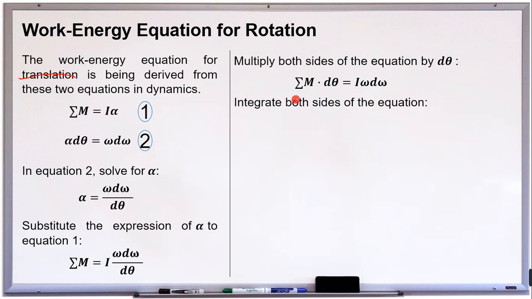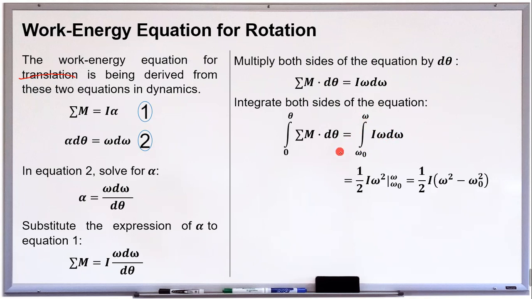Then integrate both sides of the equation in order to get the general solution of this differential equation. So you will have the summation moment times d theta evaluated from 0 to the final angular displacement theta, equal to the integral of the mass moment of inertia I times W dW evaluated from the initial angular velocity towards the final angular velocity W.